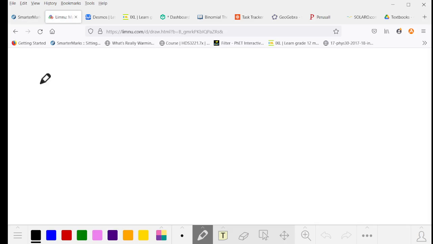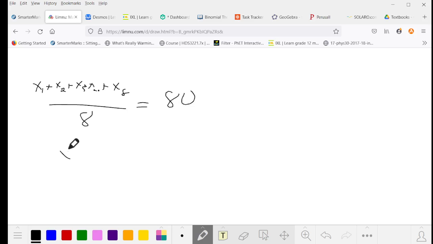So if we have 8 data points, it's supposed to be the sum of the 7 grades plus x, all over 8, and we want them to average to 80, then the one we don't know yet should be 8 times 80 minus all the others.